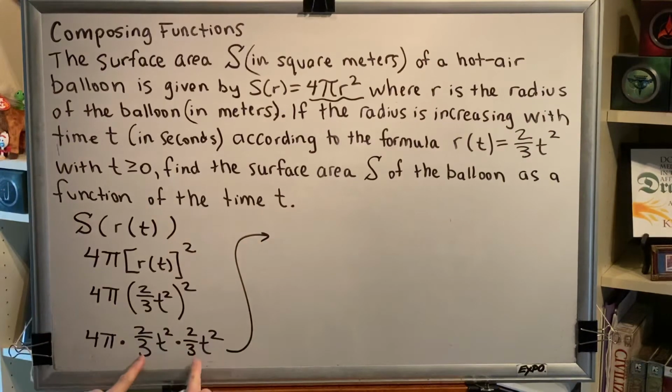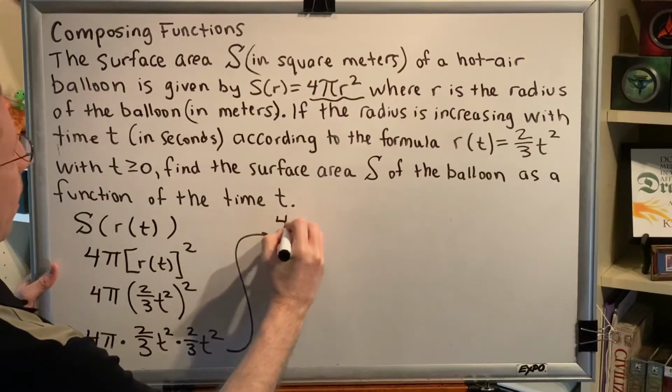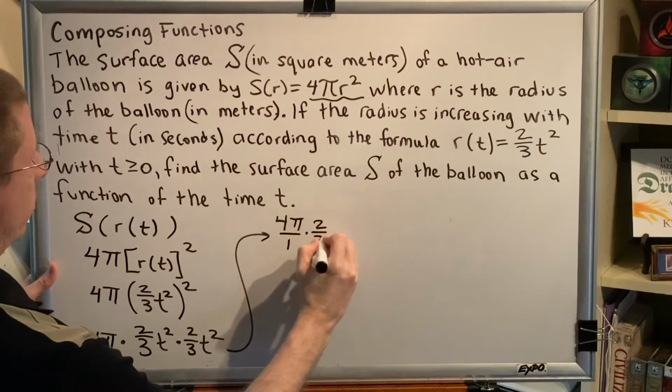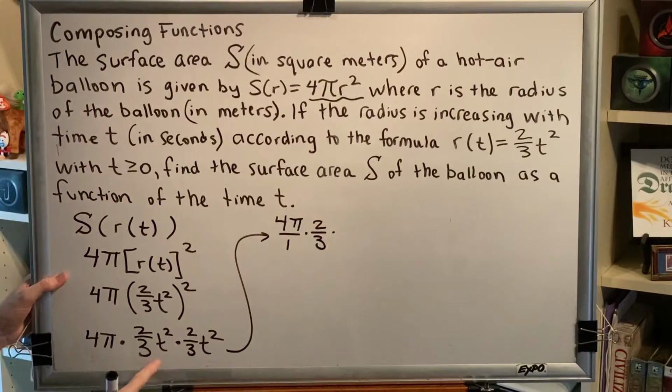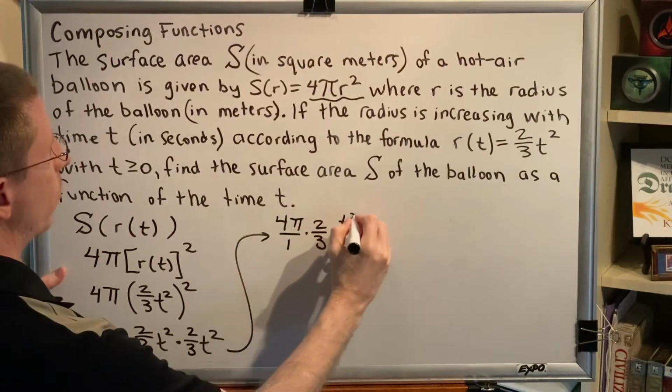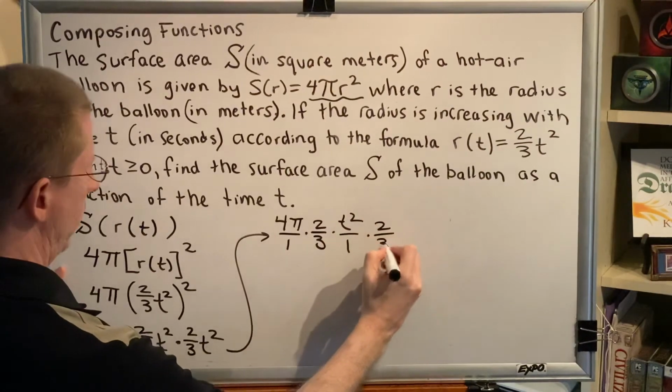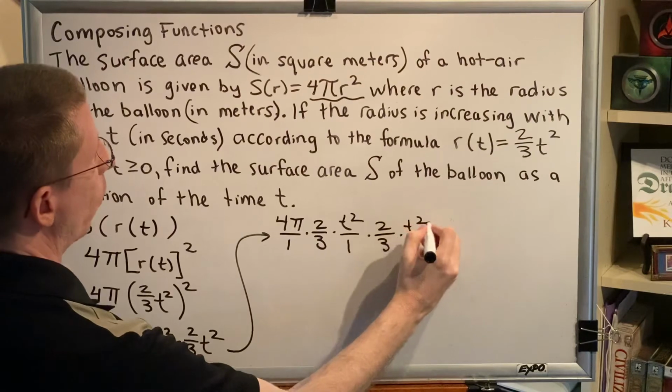Some of them are fractions, some of them are not. So let's write everything as a fraction. So 4 pi can be written as 4 pi over 1 times 2/3 times t squared, which can be written as t squared over 1 times 2/3 times t squared over 1.